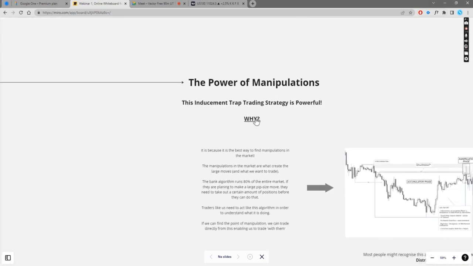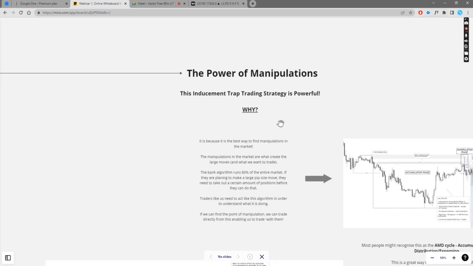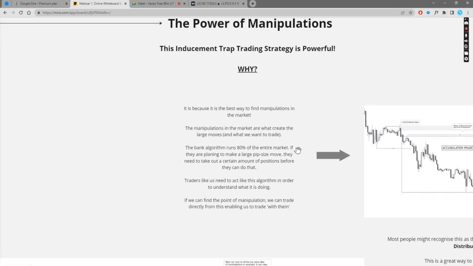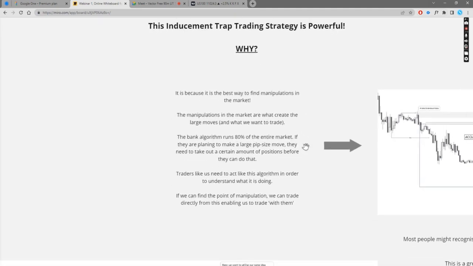So the power of manipulations, okay? So why is this strategy actually so powerful? It's because it's the best way to find manipulations in the market. That's through inducement. The manipulations in the market are what create the large moves. So as soon as we take our liquidity, you can think of it as like fuel in the market, okay?